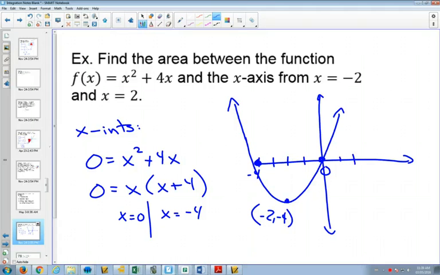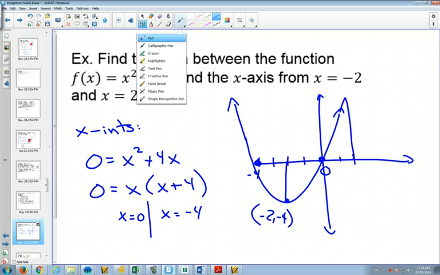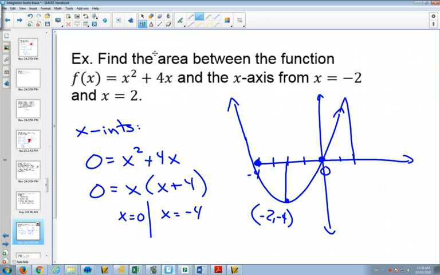Now, we want to find the area between -2 and 2. So if I draw lines at -2 and at 2 and color these in, I'll have part of this, which I've colored here in green. This area, when you do the definite integral, will be positive.